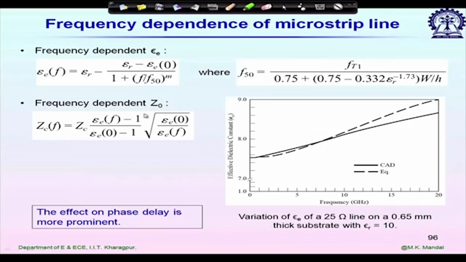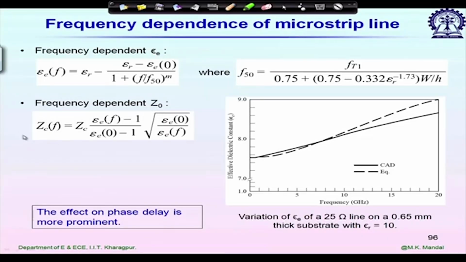The characteristic impedance almost remains constant, but the problem we face is that beta becomes a function of frequency. If we don't consider the accurate value of epsilon E, whatever beta or lambda g we calculate will be with error, and whatever length we are considering we have to correct again, noting down the actual or accurate values of epsilon E. Next, see the variation of Z naught.